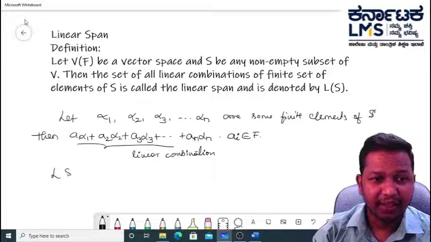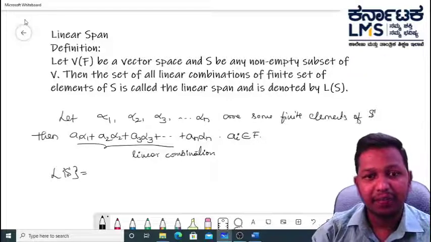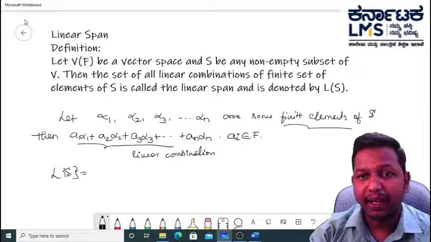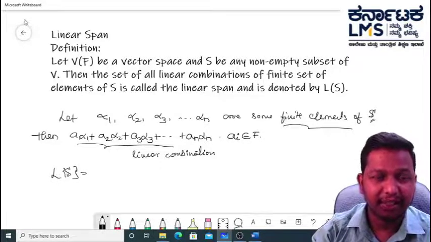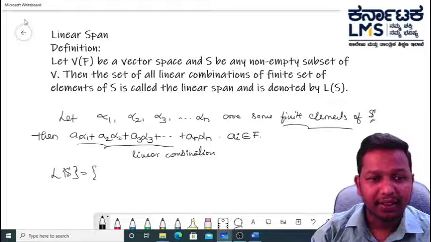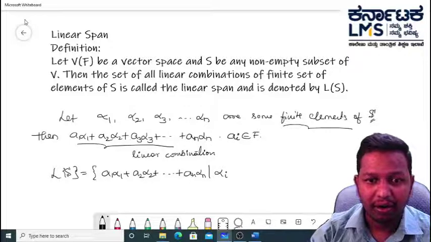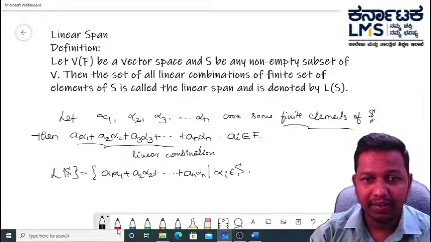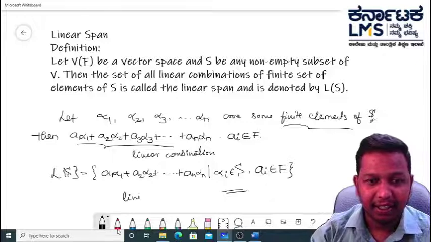So the linear span is the collection of all such linear combinations which are constituted by finite elements of S, where S is a non-empty subset of vector space V. So this linear span contains all linear combinations A1 alpha 1, A2 alpha 2 and so on, An alpha n, such that all alpha i belong to capital S and Ai belong to F. This is what we call a linear span.